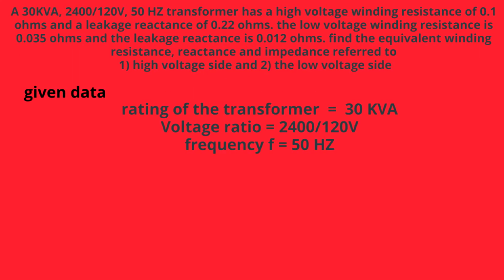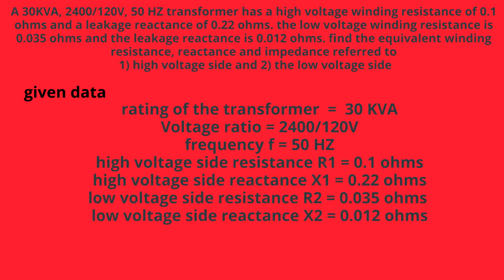Writing the given data, the rating of the transformer given is 30 kVA and the voltage ratio, the primary voltage is 2400 divided by the secondary voltage 120 volts. So the overall voltage ratio is 2400 divided by 120 volts. And they also gave frequency F equal to 50 Hz. Here the primary side voltage is 2400, which is high voltage.